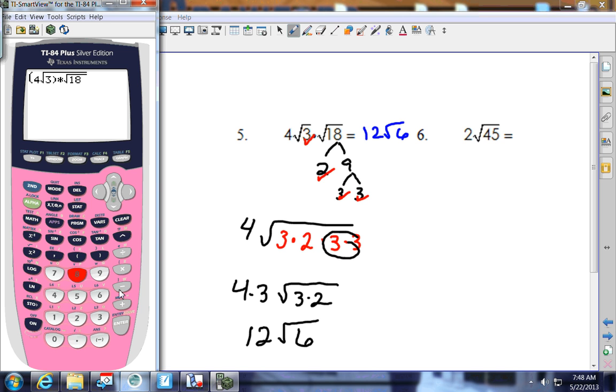I'm hoping this works. 12 and then the square root of 6. Okay, well, I'm not putting parentheses in here somewhere, right? Might be a little bit more difficult than I thought. I think I have to close it twice. Well, never mind.